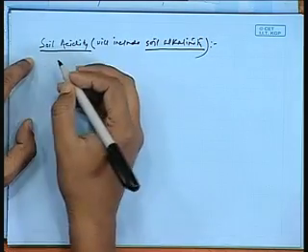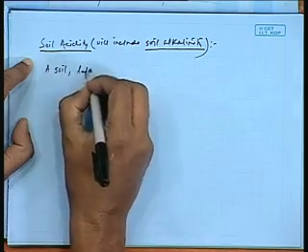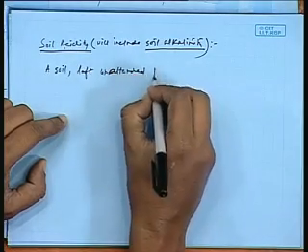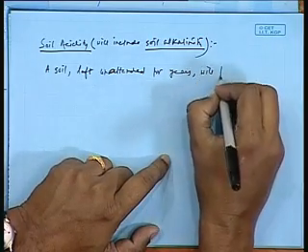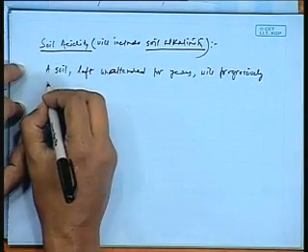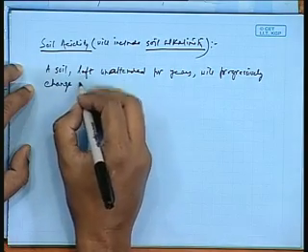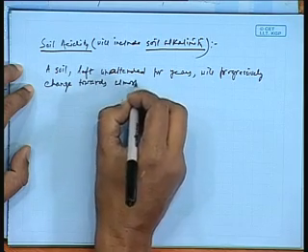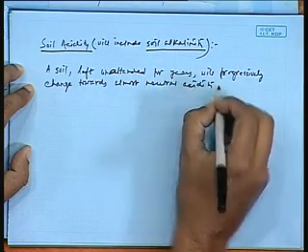Now generally, as you know, a soil left unattended for years will progressively change towards almost neutral acidity or alkalinity.